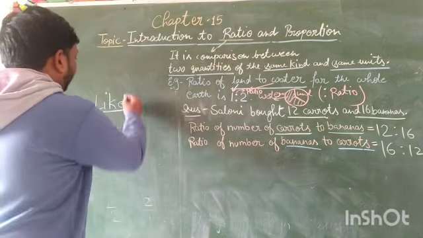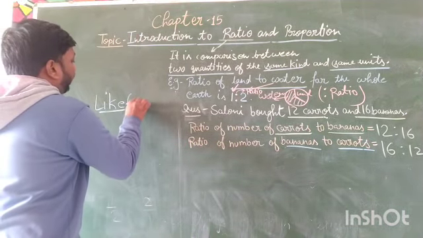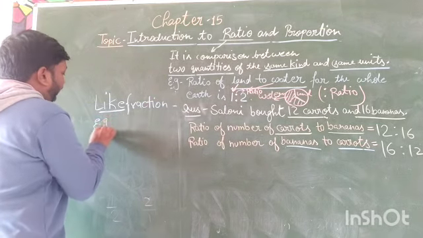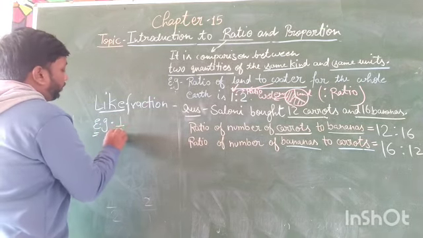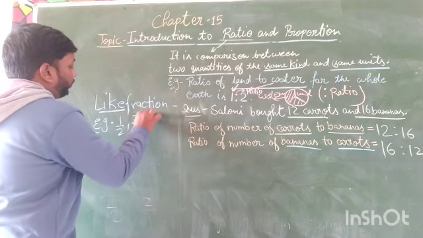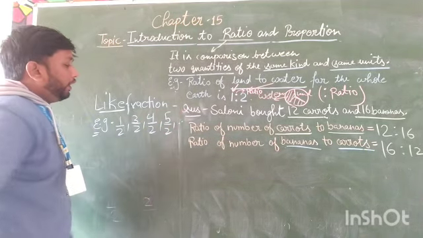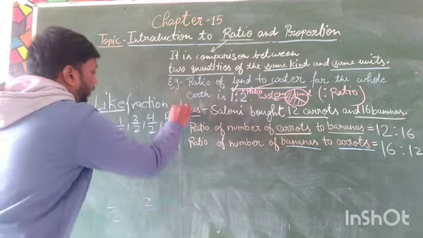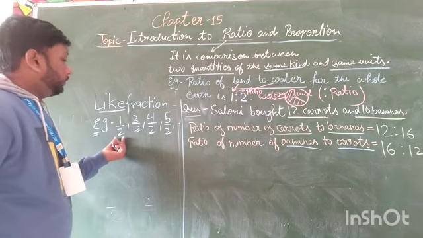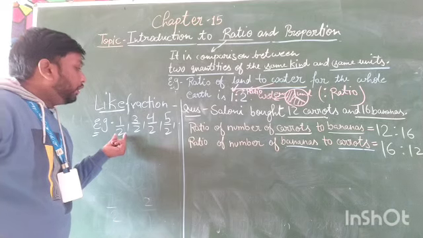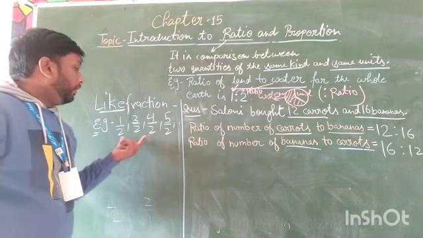an unlike fraction. For example, like fractions are 1/2, 3/2, 4/2, 5/2. If the denominator is 2, then all the fractions must have denominator 2.